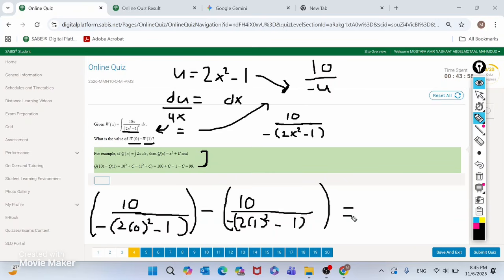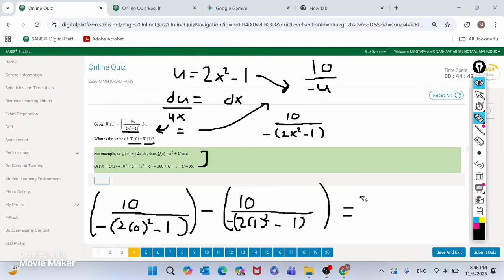Now solve this on your calculator. Guys, give me 2 seconds while I put it on the calculator. 10 over negative, 2 times 0 squared minus 1, minus 10 over 2 times 1 squared minus 1.